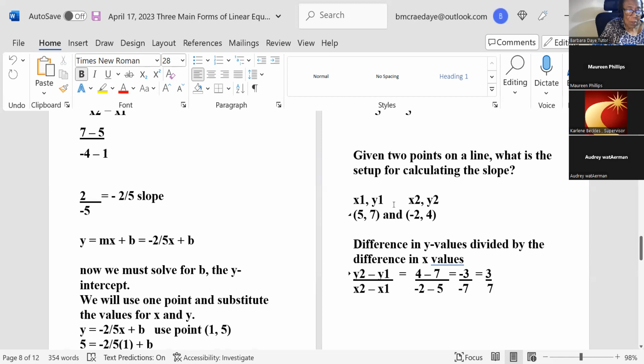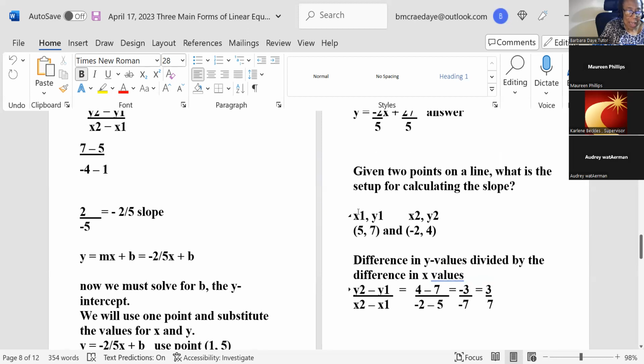Y2 is a 4, Y1 is a 7, right? X2 is a -2, and X1 is a 5. Okay, and difference means subtract. Questions?